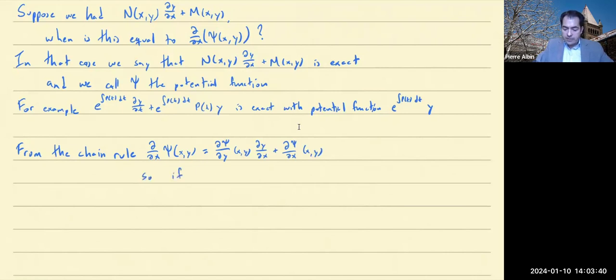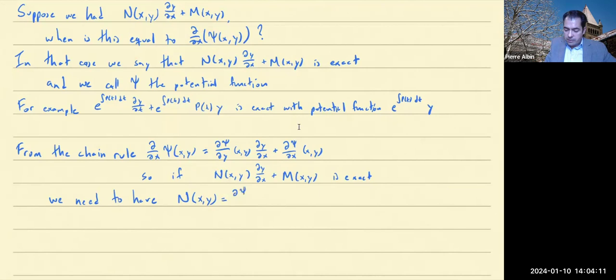So if the expression N(x,y) dy/dx plus M(x,y) is exact, we need to have, just comparing terms, N(x,y) be the derivative of psi with respect to y, and M(x,y) be the derivative of psi with respect to x.